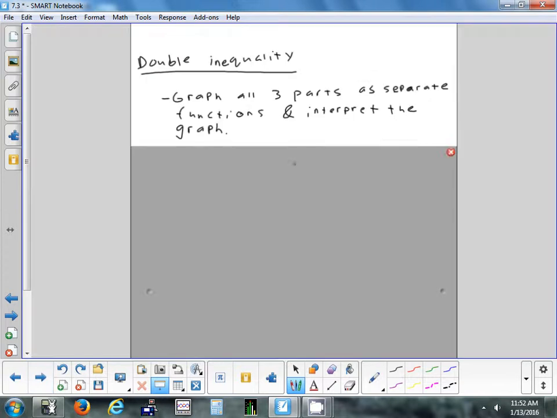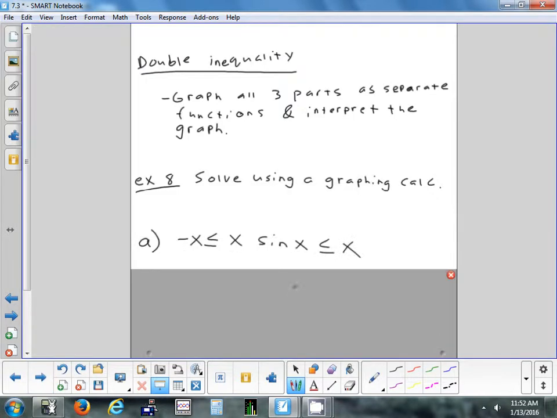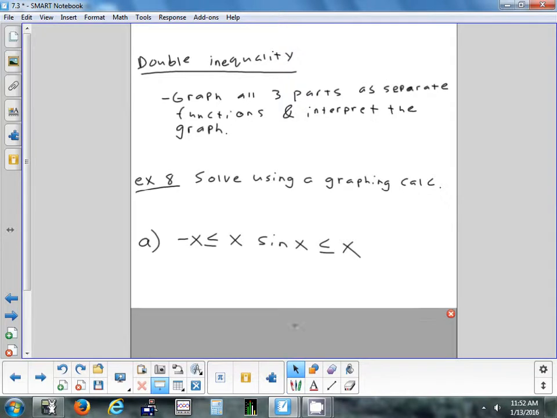All right, the last one I'm going to look at with you is a double inequality. And basically, we're just going to graph in y1, y2, and y3. Okay, so just graph all 3 parts separate. And that's it.